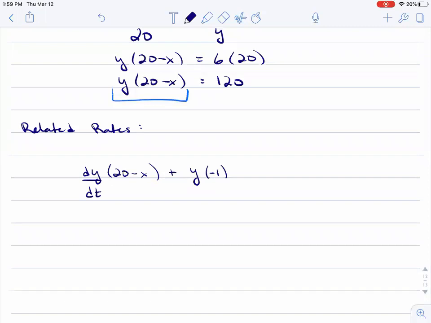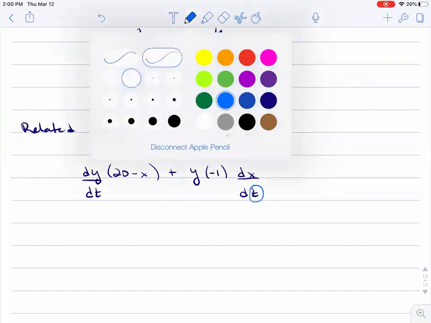and then dx dt, right? Because I took the derivative of x, but because I'm not taking it with respect to x, I'm taking it with respect to t, I need to add on the dx dt regardless.